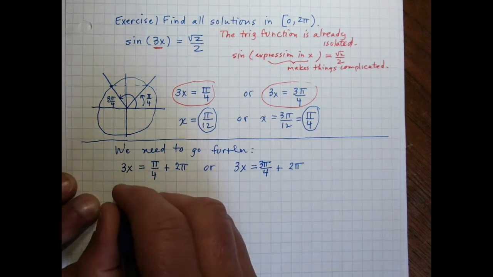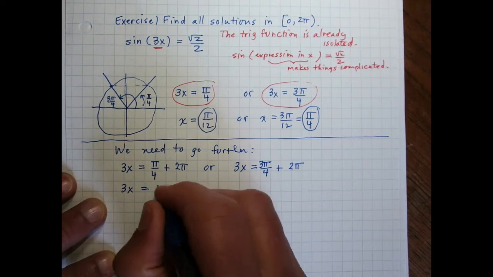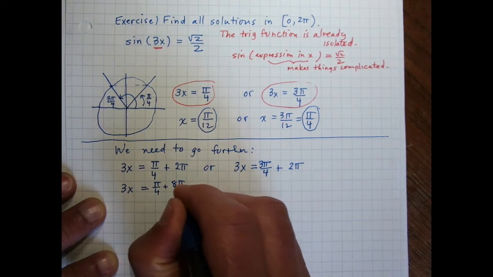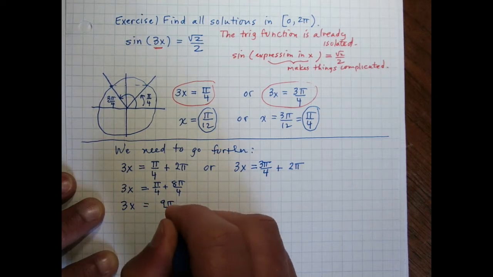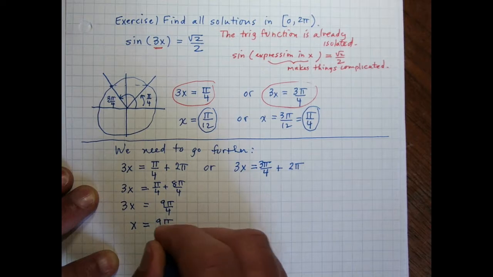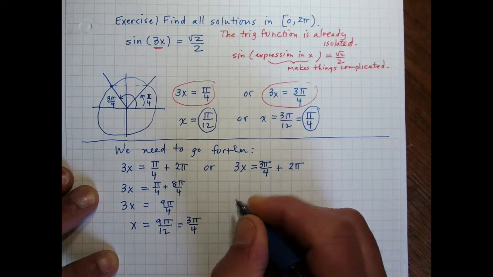Now let's solve for x. Before I solve for x, before I divide, let's add these together. This is pi over 4 plus 8 pi over 4. 3x is equal to 9 pi over 4. And now when I divide by 3, I get 9 pi over 12, which reduces to 3 pi over 4.